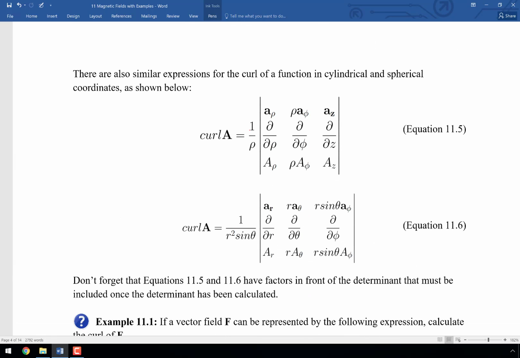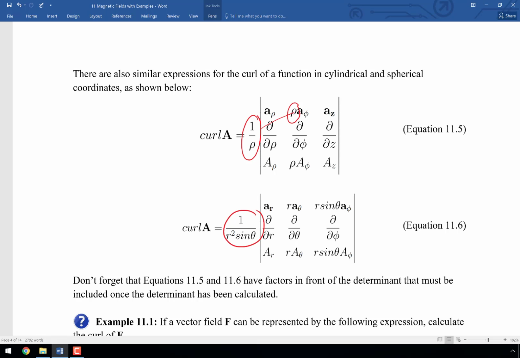Incidentally, we can also have versions of this in cylindrical coordinates and in spherical coordinates. I just wanted to really emphasize the importance of this prefactor right here. Both in cylindrical and in spherical coordinates, there's a prefactor that is outside of the determinant. You're going to be tempted to pull that inside the determinant and say, I've got a rho right here, couldn't I just cancel that with that 1 over rho?